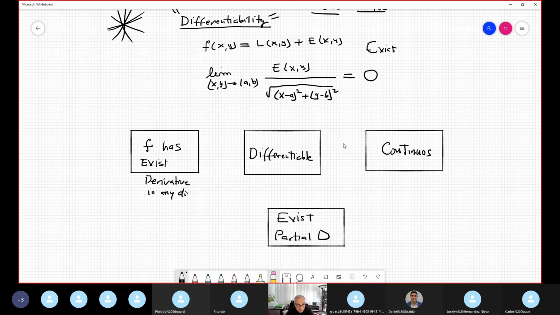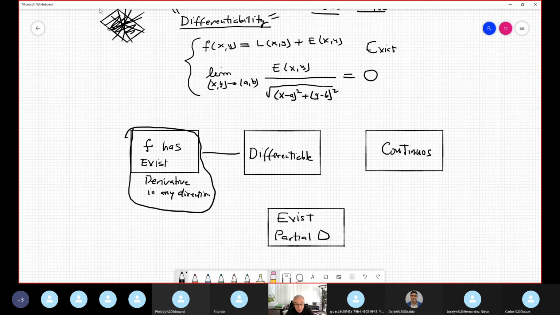And how do you prove this direction? Because you don't consider a direction, you consider a tangent plane. And between the tangent plane and the function, the error is decreasing. So if you are able to prove, using this new idea, that the derivative in any direction using the tangent plane exists, then that now implies the function is differentiable.